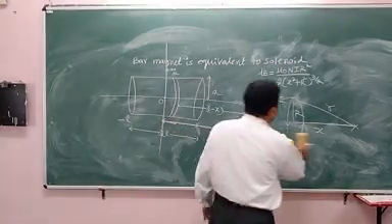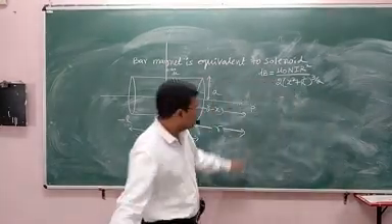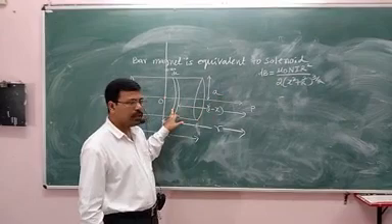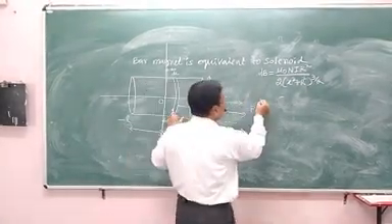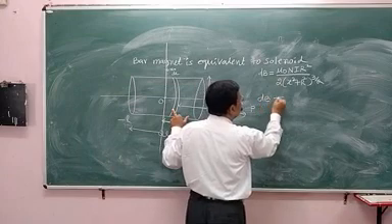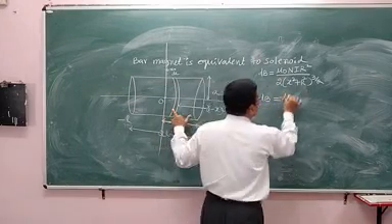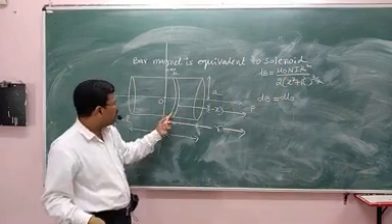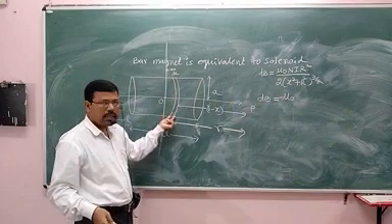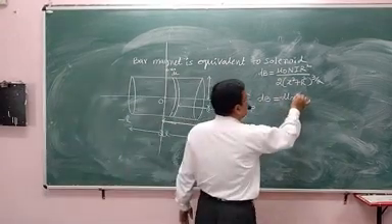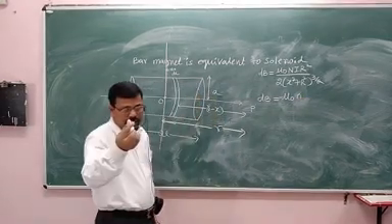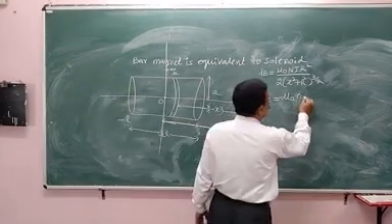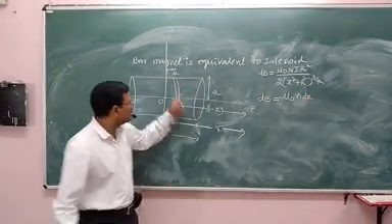Fine. Now, if you apply this formula for this situation, then this equation takes the form dB is equal to mu naught. Here N is the total number of turns, but here the number of turns in this element is the number of turns in a unit length, n, into the length.